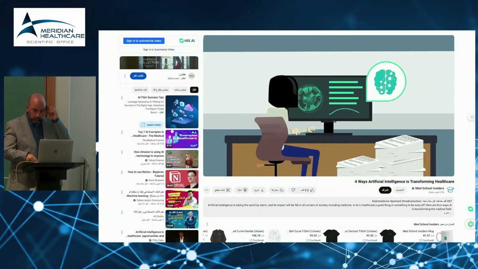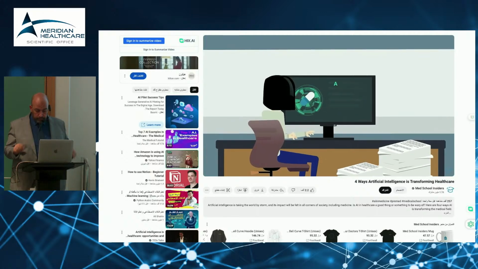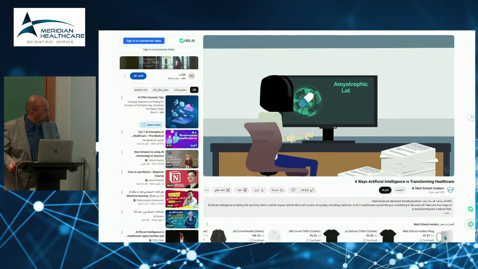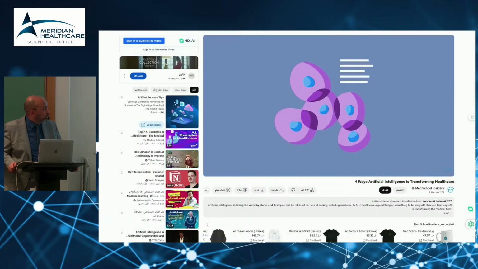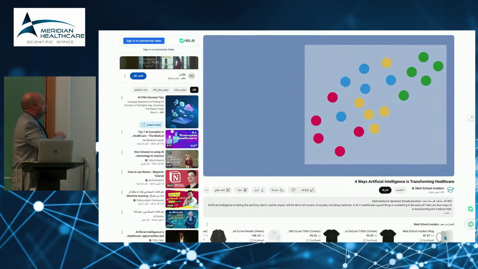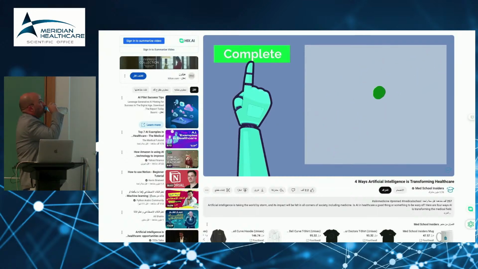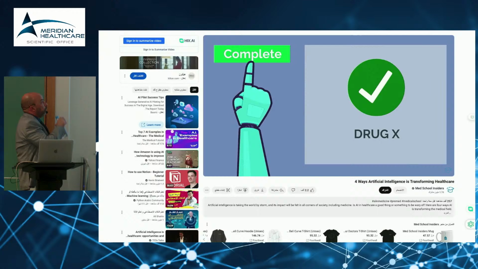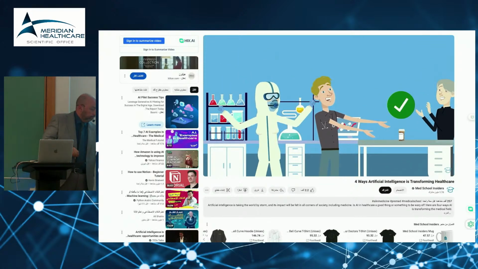Verge Genomics was one of the first companies that discovered a potential drug for amyotrophic lateral sclerosis, also known as ALS or Lou Gehrig's disease, by using AI instead of animal or cell testing. Instead of cell or animal data, they used AI to analyze human data points to provide researchers with more accurate representations of effective treatments in humans. This avoided the risk of drug failure when translating animal studies to human trials.